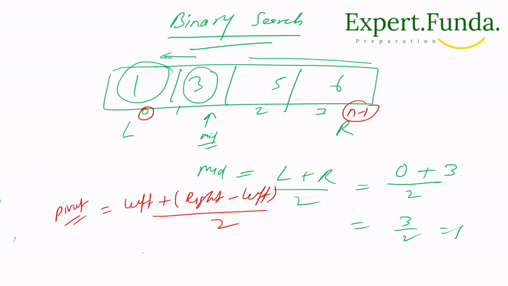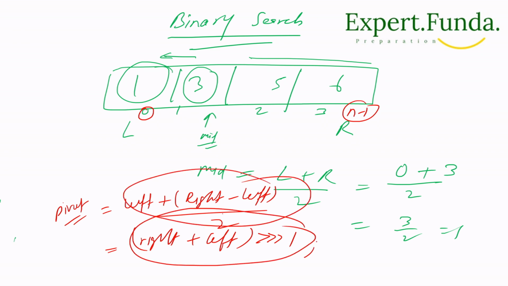Another way to find this in Java is to take right plus left and use a right shift of 1, and you will get the result. This approach is faster than the other one. Okay, I think you understood.